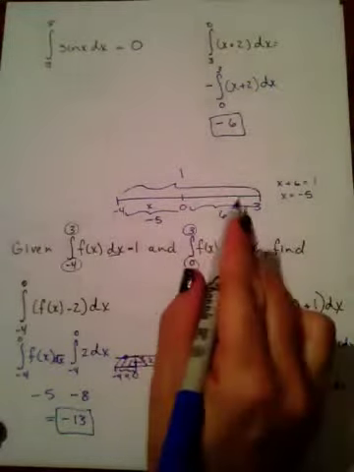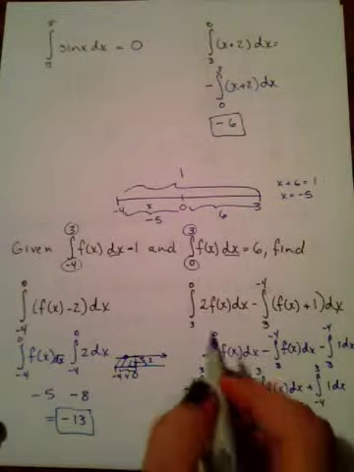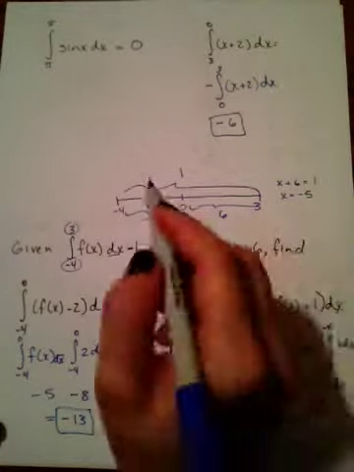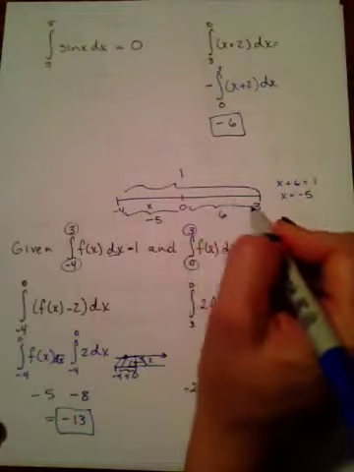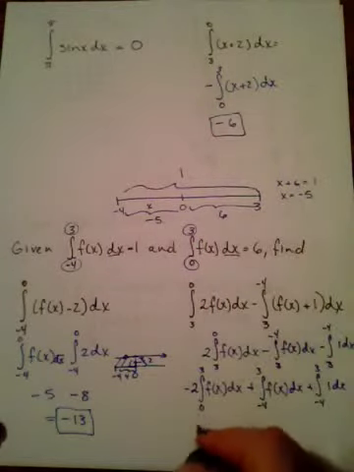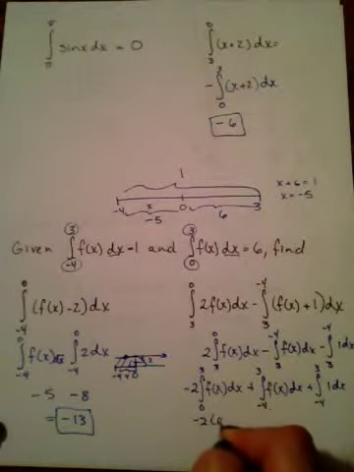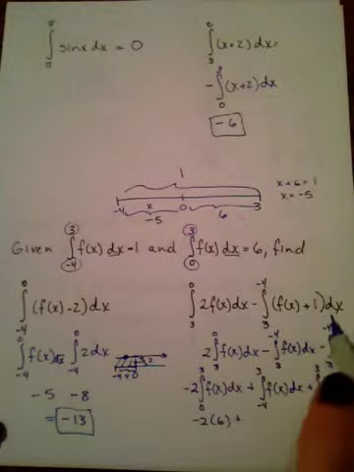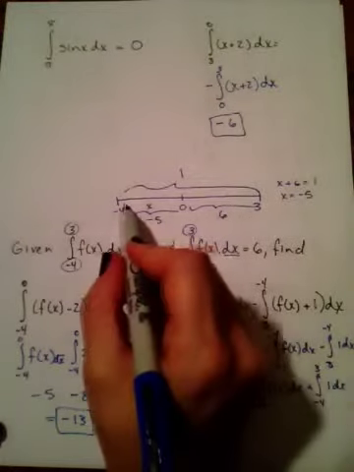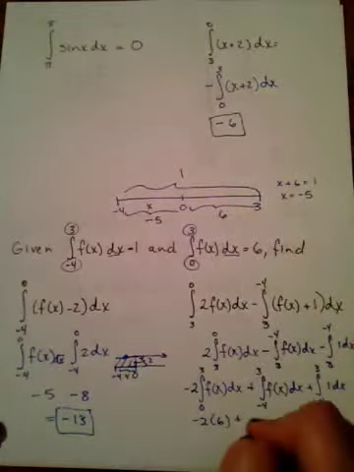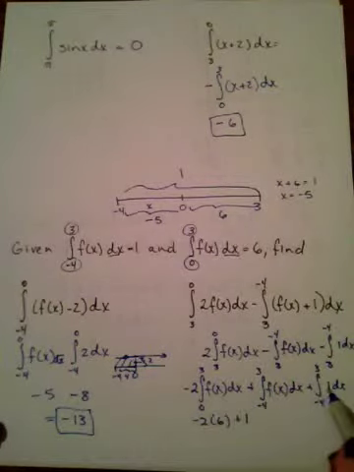I can come back up here to my number line to figure these out. From 0 to 3, the integral is 6, so this will be -2 times 6, plus the integral from -4 to 3, the whole thing is 1. And then here I'm integrating 1 from -4 to 3.